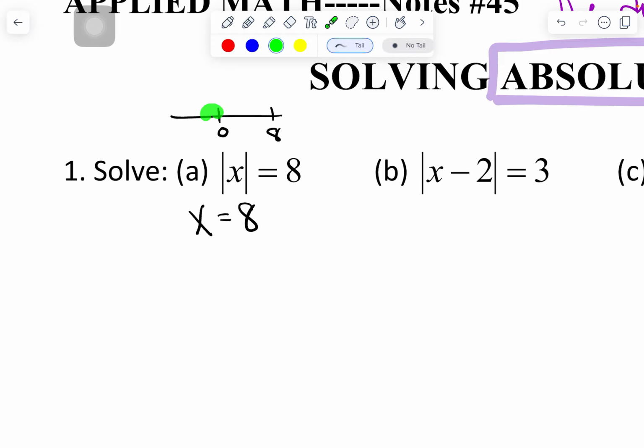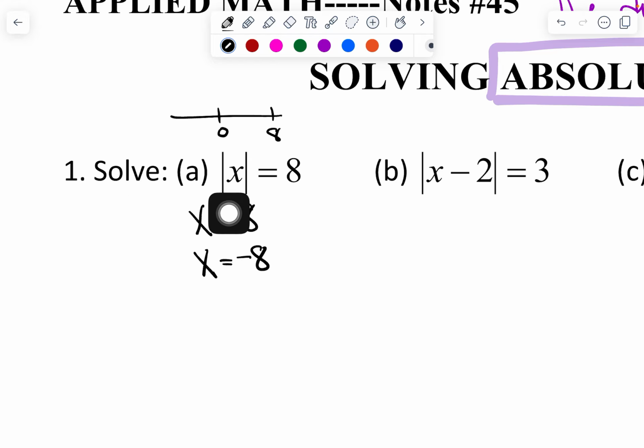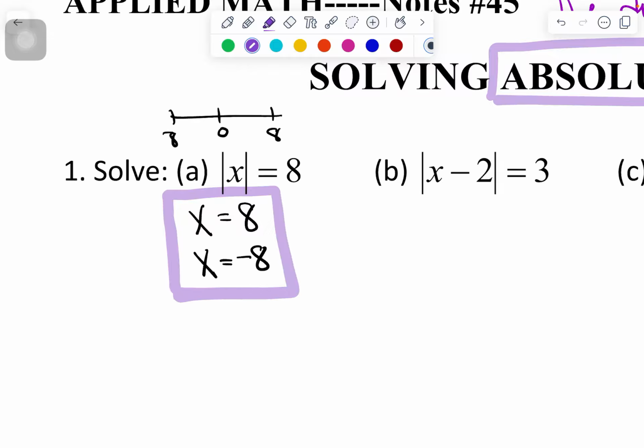If I counted 8 units to the left, then x is equal to -8. So both of these numbers, +8 and -8, if I take their absolute value, are 8 units away from 0. So both of these are valid answers to this equation.